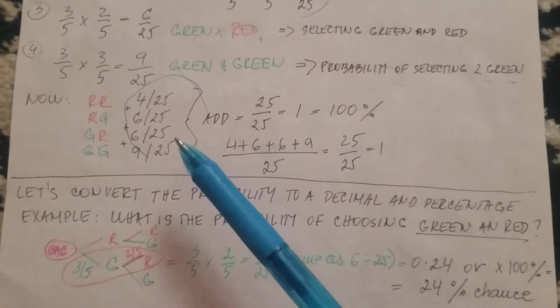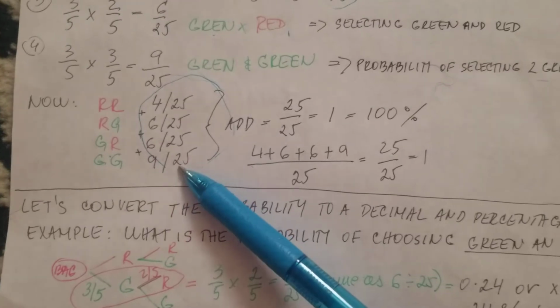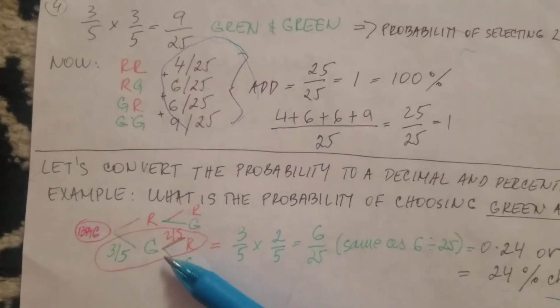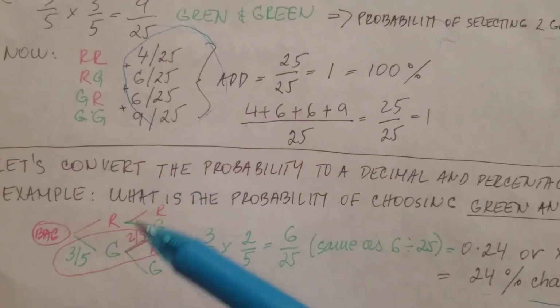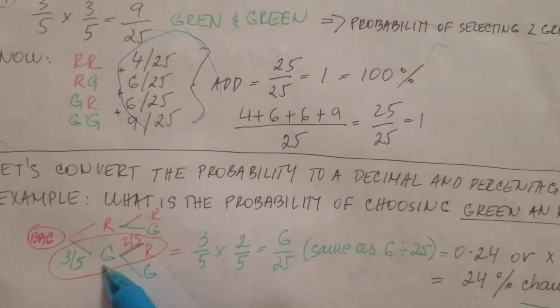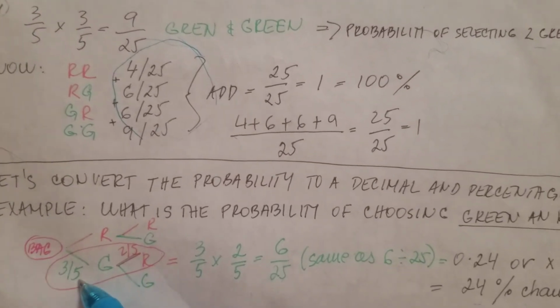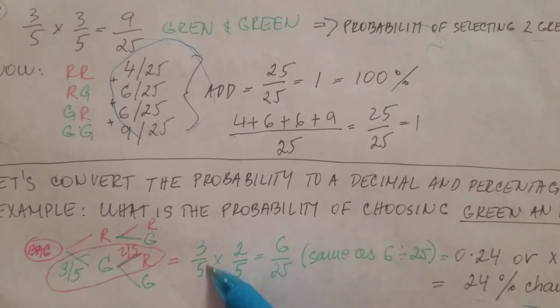Now, we can also convert these probabilities into either a decimal or a percentage. So let's try this. We can pick from the tree diagram, let's say green and red. We know that the probability of picking green on the first try is 3 over 5.